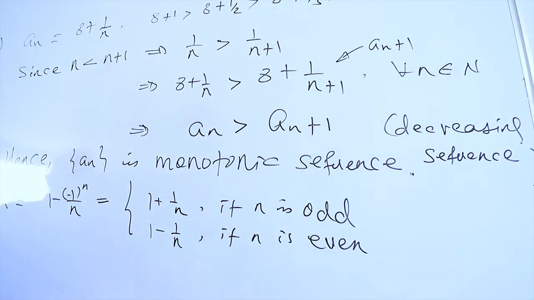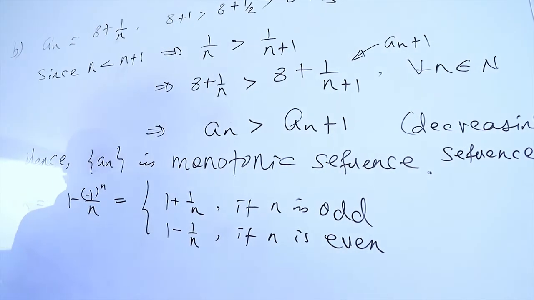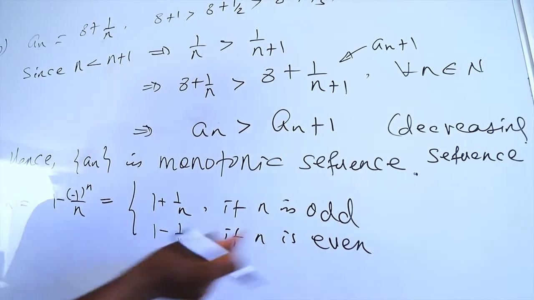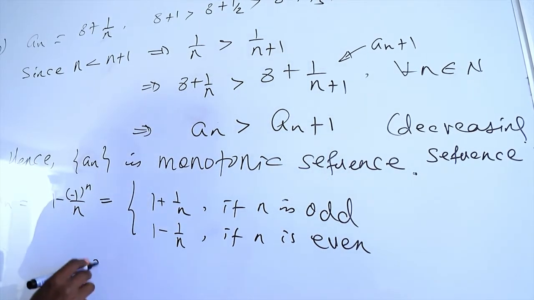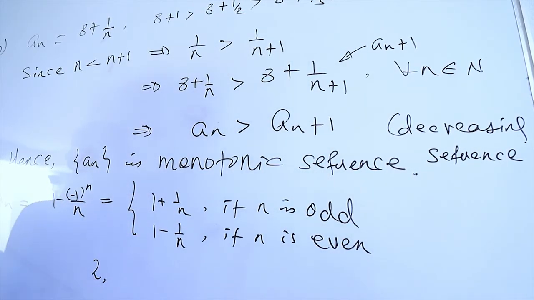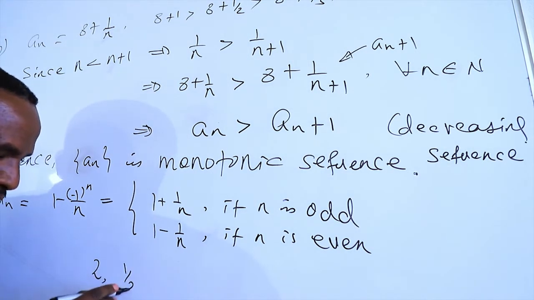Therefore, we can compute a few terms of the function. If n is 1, which is odd, the result becomes 1 plus 1 over 1, which is 2. If n is 2, which is even, it is 1 minus 1 over 2, which becomes 1 over 2.